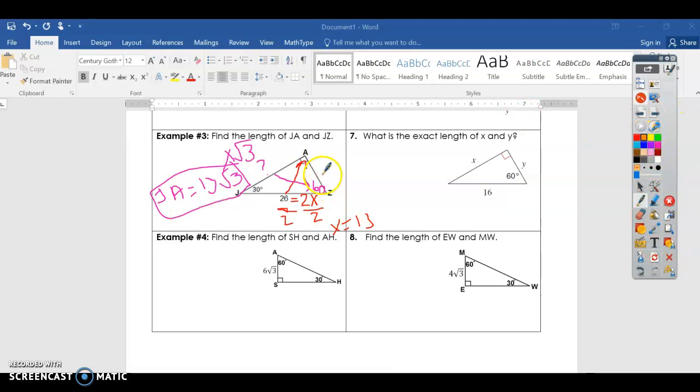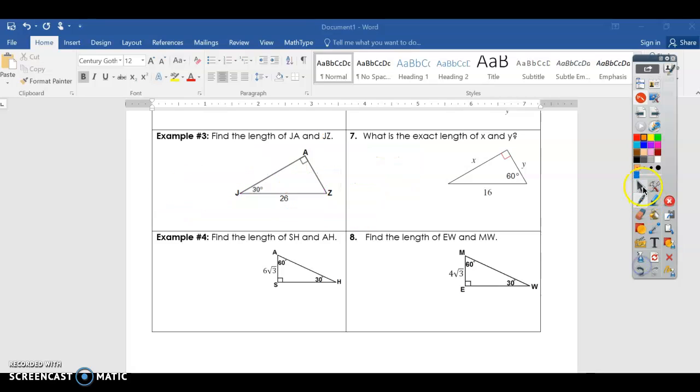And then, oh, JZ, that should be AZ. Oops, let's just change that to an AZ. AZ is across from 30, and I know that AZ is x, and x is just 13. So AZ is 13. Okay, so now you're going to go ahead and find x and y.